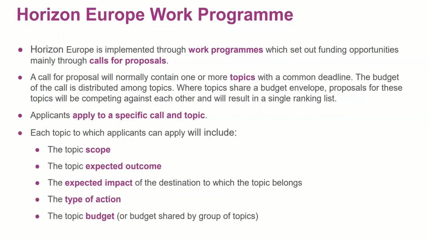Proposals for these topics will compete against each other and result in a single ranking list. Applicants apply to a specific call and topic, and each topic will include a scope, an expected outcome, an expected impact of the destination to which the topic belongs, the type of action, and the topic budget.